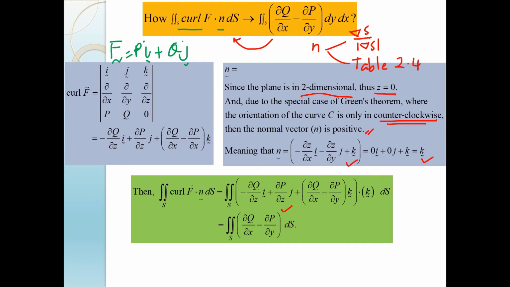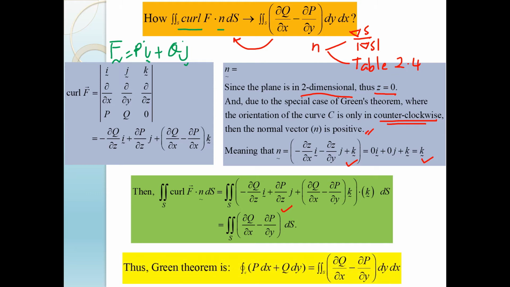I have shown you that the single integration p dx plus q dy is based on f dot dr of the line integral, and the right hand side, the double integral of del q del x minus del p del y, is based on curl f dot n ds, where ds can be dy dx, dx dy, or r dr d theta, based on the condition given in the question.